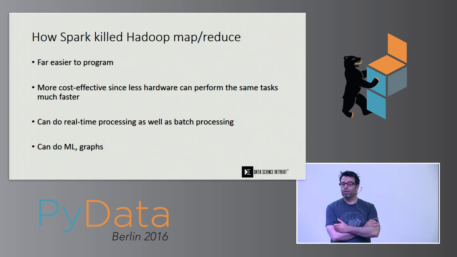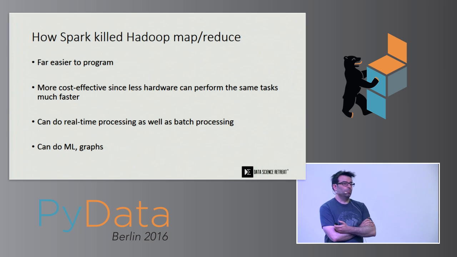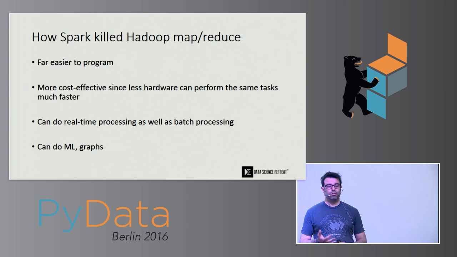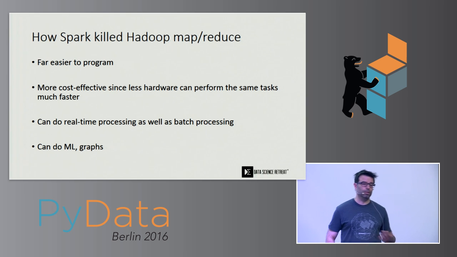Things that took a week before, you can run in a day with the same cluster. It uses more memory, but memory is cheap nowadays. And it gives you a whole bunch of new things like streams, machine learning libraries, and graphs that you didn't have before. So it's a total win. And in terms of popularity, it's going through the roof, but you know that.